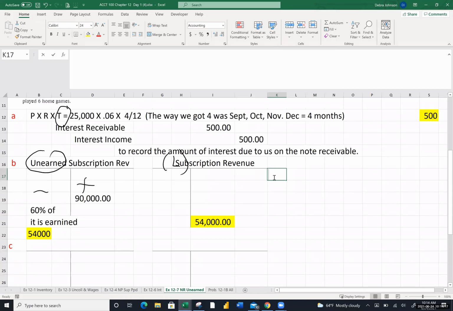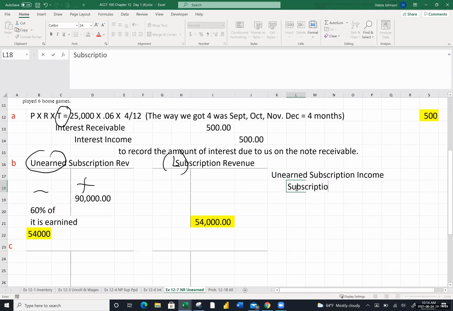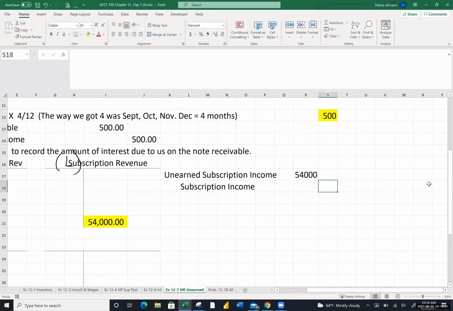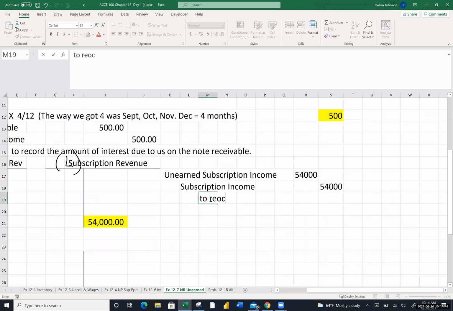What we just did is we decreased this new liability account called unearned subscription income, and we put it into the regular old revenue account called subscription income for $54,000. To record 60% of the monies earned.